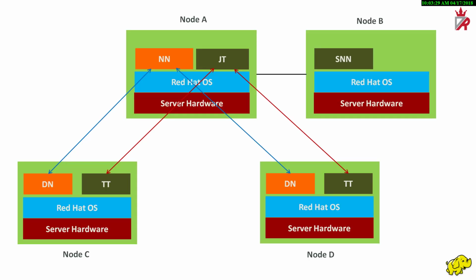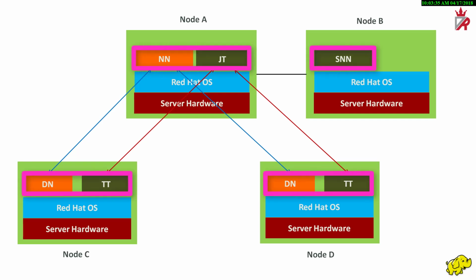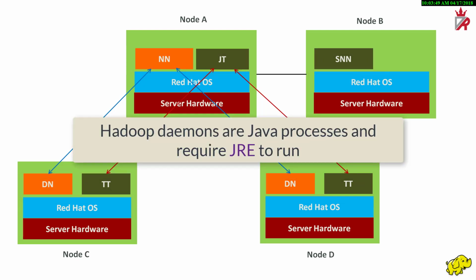Now, on a fully configured Hadoop cluster, running Hadoop means running a set of daemons or background processes on the different servers of a cluster. Hadoop daemons are long-running background processes that run on a cluster of nodes and respond to user requests. A point to be noted is that all the Hadoop daemons are Java processes and hence require Java runtime environment, that is JRE, to run.